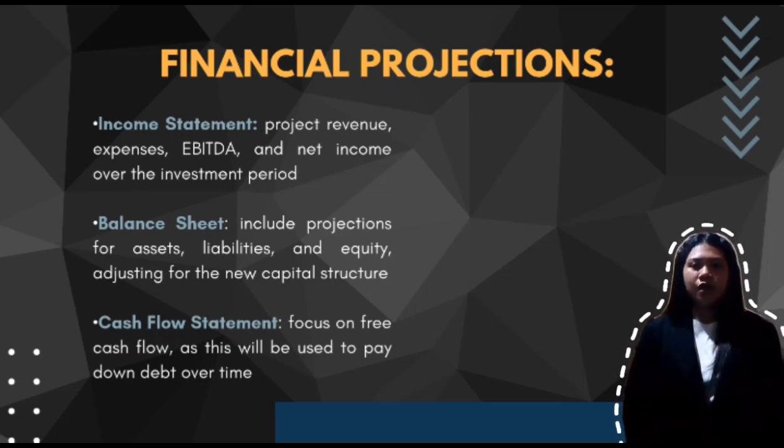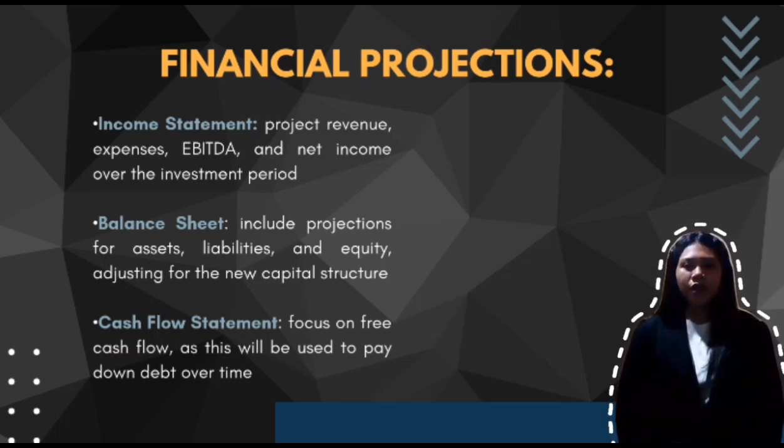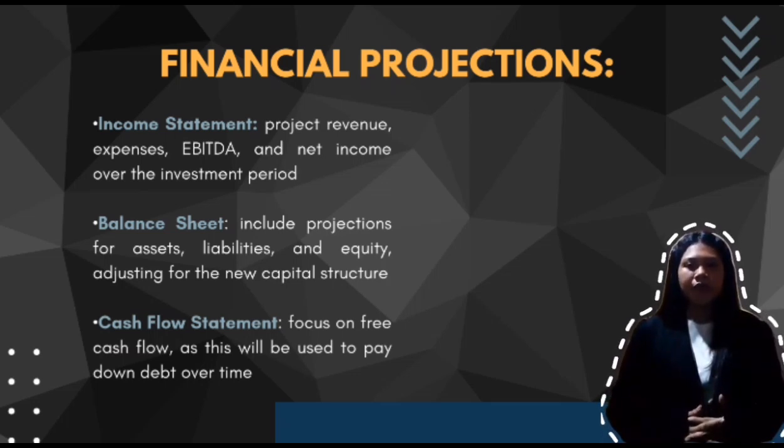It's a measure of profitability that excludes these non-cash expenses, giving a clear picture of operating performance. The last one is the net income, or the bottom line. It's the profit remaining after all expenses are deducted from revenue. This is a key indicator of a company's overall financial health.